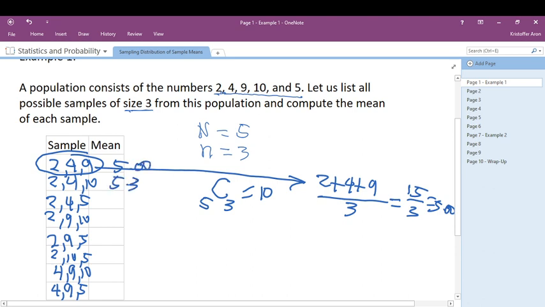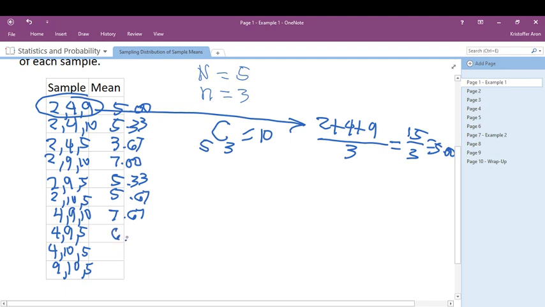Here it's 5.33. It's 3.67 on the third one. Then 7, 5.33, 5.67, 7.67, 6, 6.33, and 8.